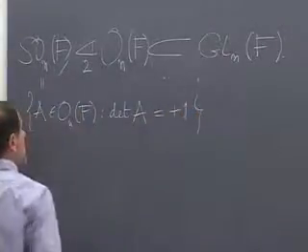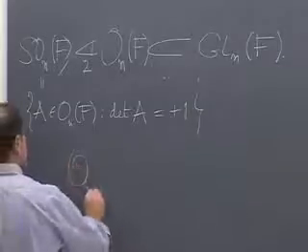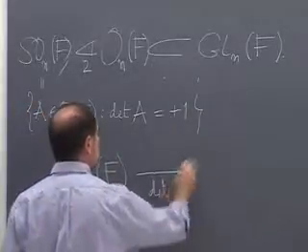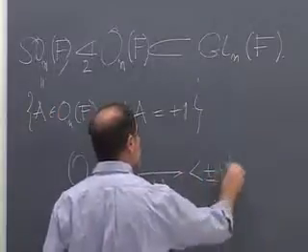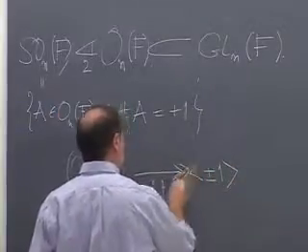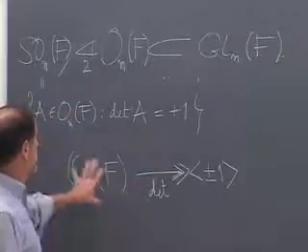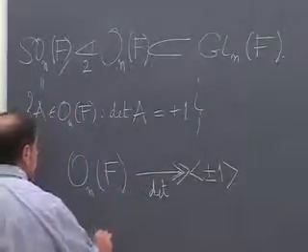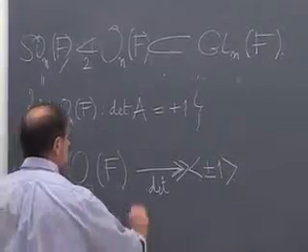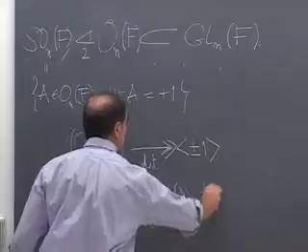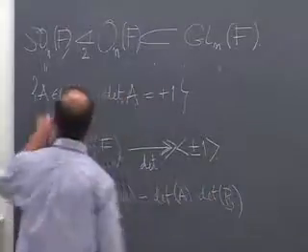And that's a group of index 2 because if you think of the determinant as a homomorphism, you get a homomorphism, the determinant, to the group of order 2, plus or minus 1, which is onto, because you have things of both determinant 1 and minus 1. It's a homomorphism because the determinant of AB is the determinant of A times the determinant of B. And this group is just its kernel.